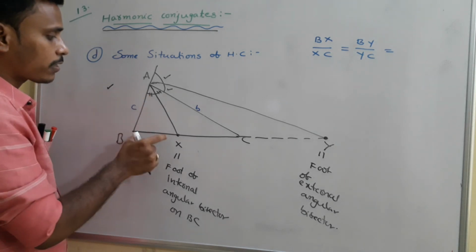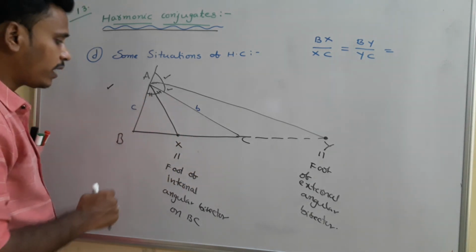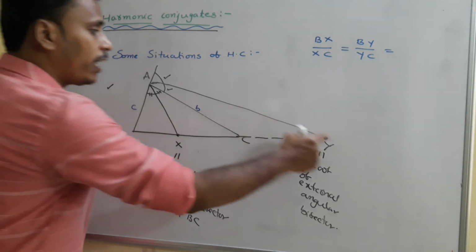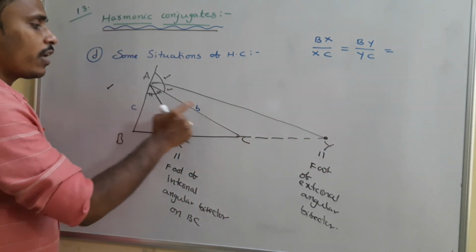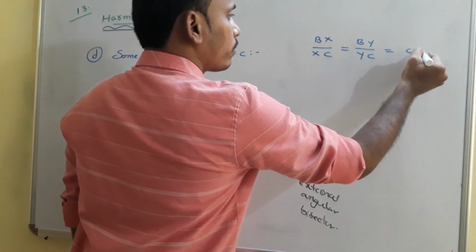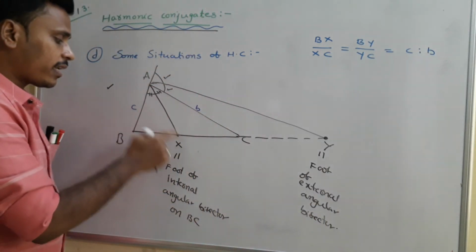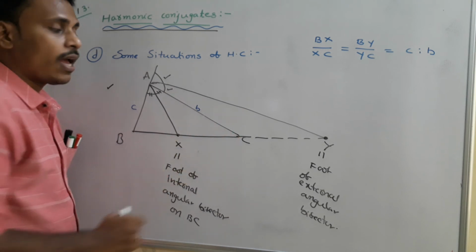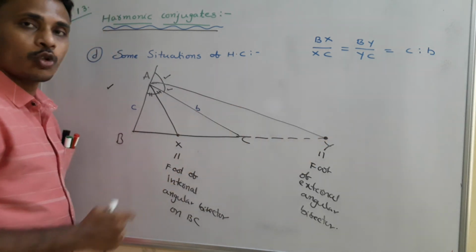So BX by XC as well as BY by YC are both in the ratio C is to B, and X is interior to side BC while Y is exterior to side BC.